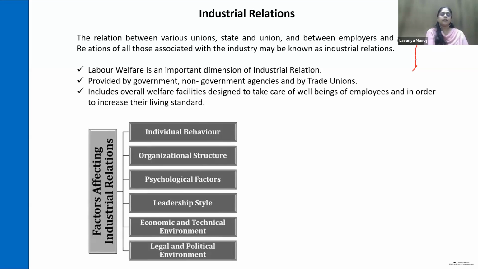So these are the factors affecting industrial relations. First, individual behavior. Each and every person has an individual behavior. Sometimes the top management or the boss of the company may be very rigid, and will not listen to any mediator, arbitrator, trade union or representative.